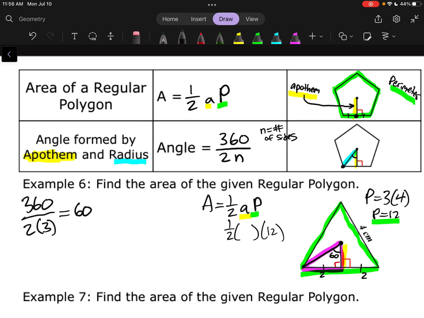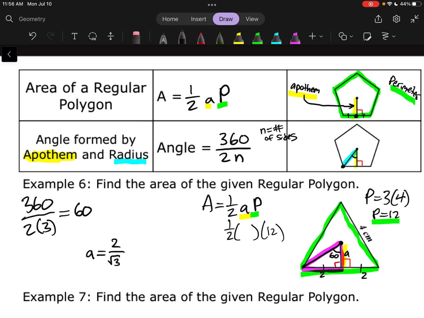If we could figure out the apothem, we could plug it into the formula. The apothem, this little a right there, is the short leg of our 30, 60, 90 triangle. And if you remember how to find the short leg, the short leg is always equal to the long leg divided by root 3. That was our 30, 60, 90 rule.